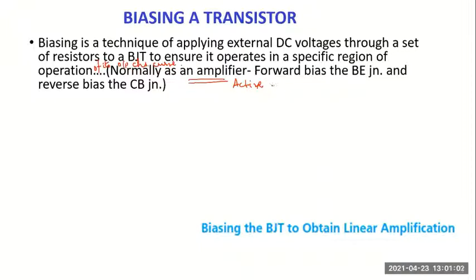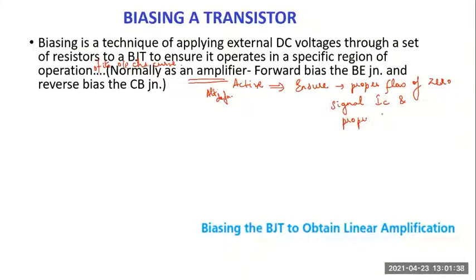So when it is in the active region, what do we ensure? Please remember this. This is an alternate definition for biasing. Biasing is the technique of ensuring proper flow of zero signal collector current and proper collector emitter voltage.